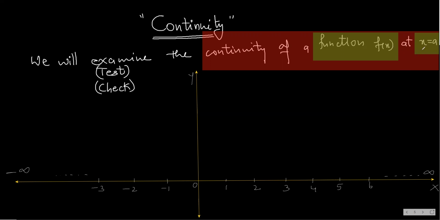The point which I have written here is the point x equals a. So in place of x equals a, let us have x equals 3. So what does this statement now sound like? We will examine the continuity of a function f of x at x equals 3.